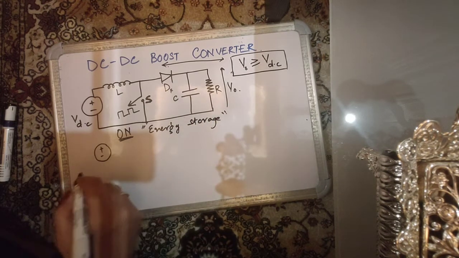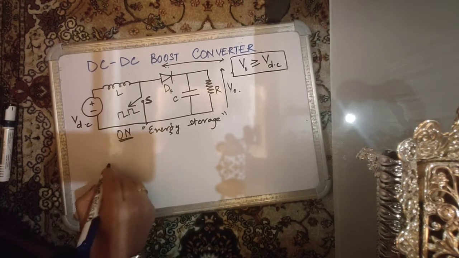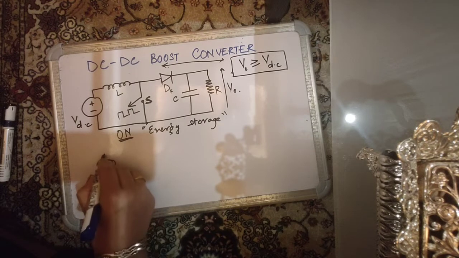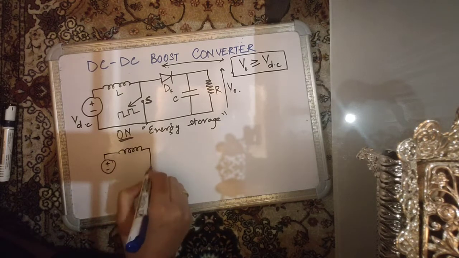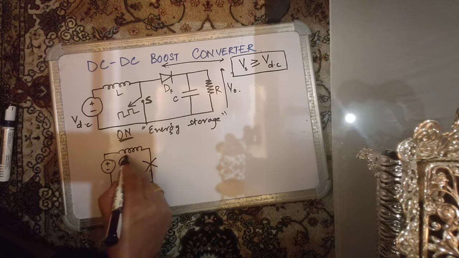Now when the switch is on and you are supposed to store energy in the inductor of the circuit, the switch is conducting, the source is delivering energy and storing it in the inductor.